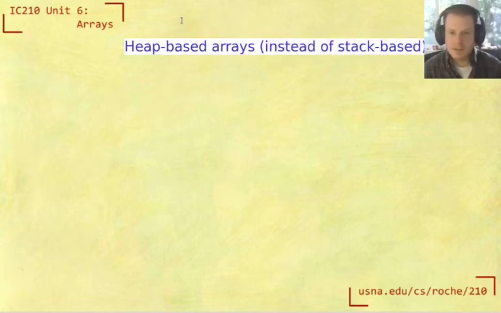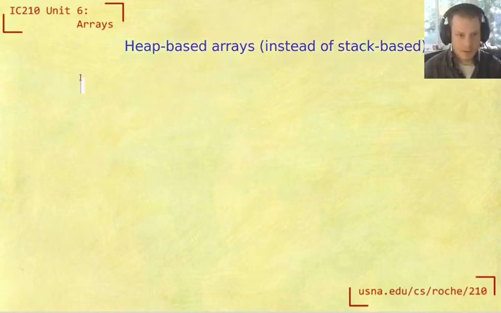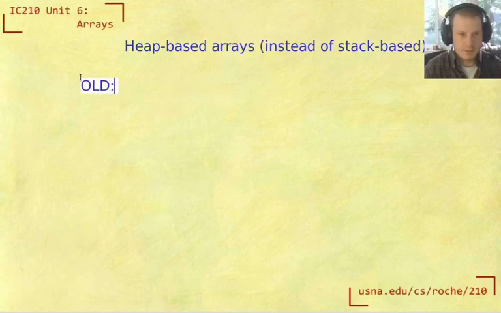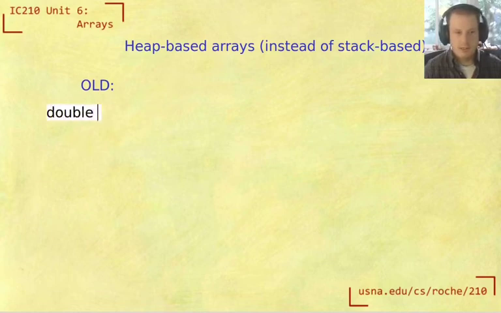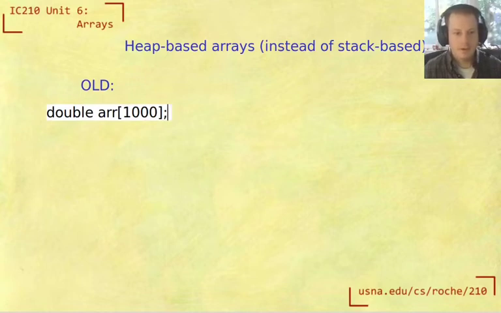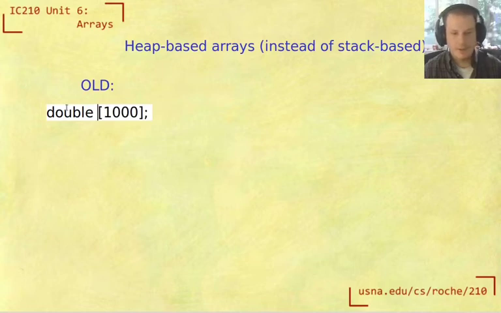So previously we learned how to declare arrays like this, where you might say something like double array 1000. So that creates an array called AR. I'll give it a better name, like truffles.